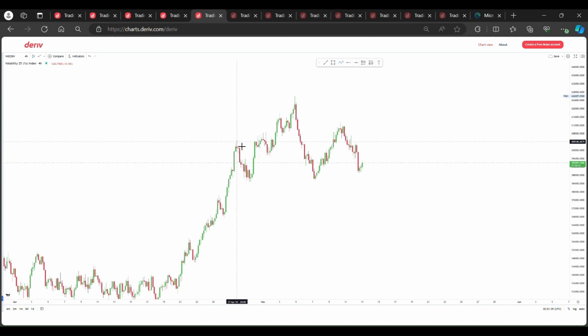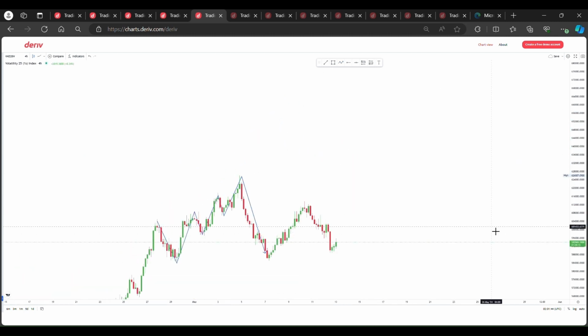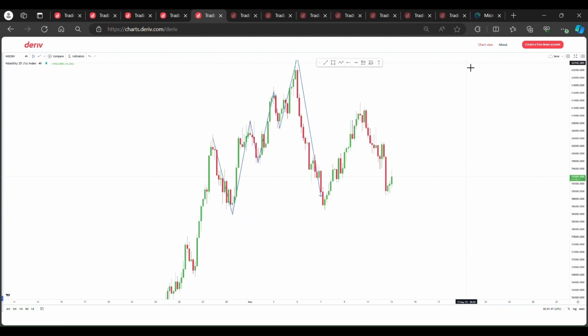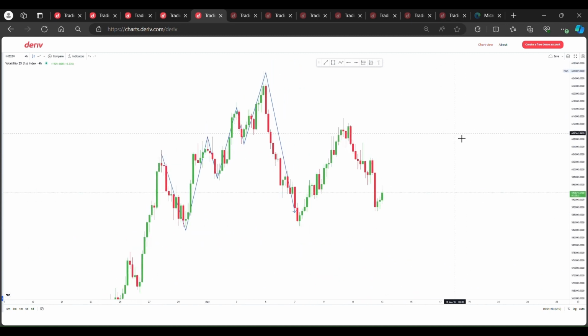You can see this market structure where price moved to the upside, then created this low, created a new high, then another low, a new high, a low, then a new high, then gave us this change of character right here. As I saw this, just like what I've been saying, I put my point at this low here.